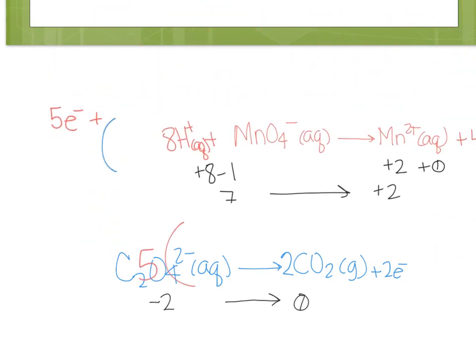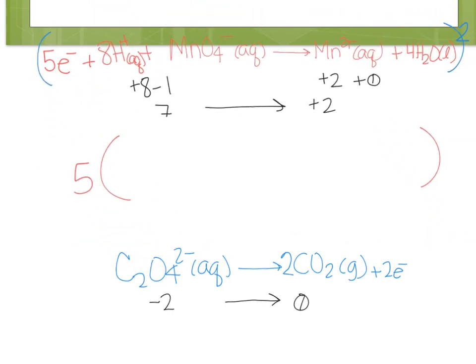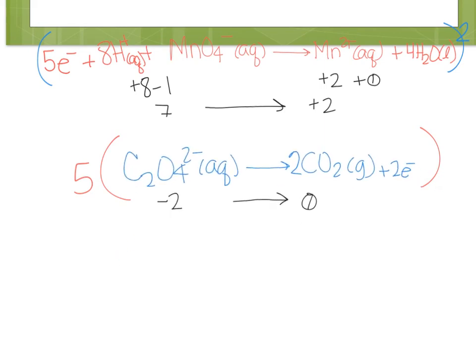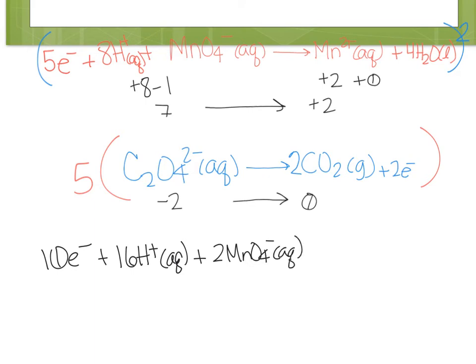So I'm going to rewrite them. I should have 10 electrons plus 16H plus aqueous plus 2MnO4 minus aqueous yields 2Mn2 plus 8H2O liquid.